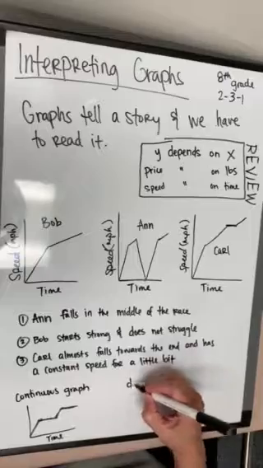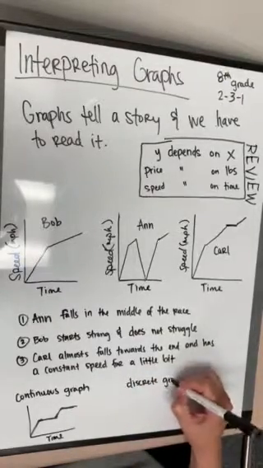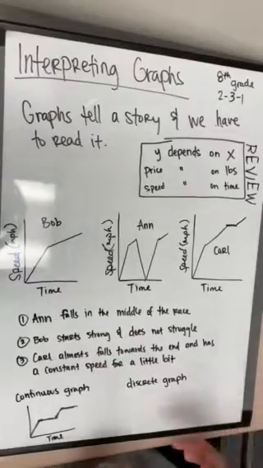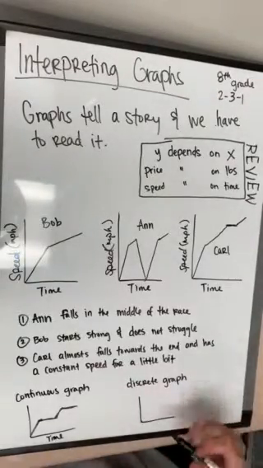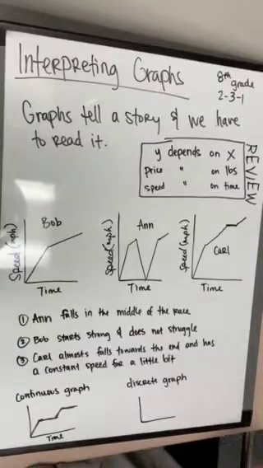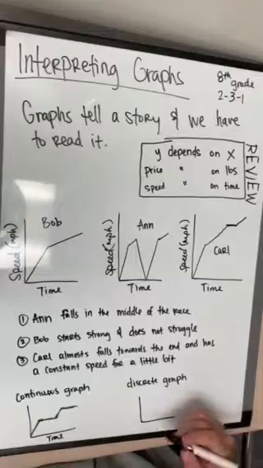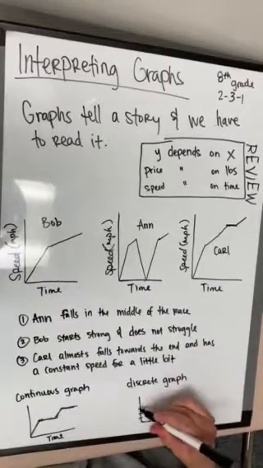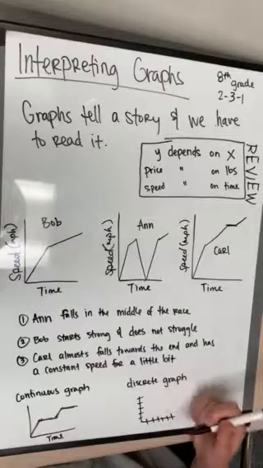Now, in a discrete graph, you have parts where there aren't things, so they don't touch. An example of this would be if you buy one song on your favorite place. I don't know where you buy songs.